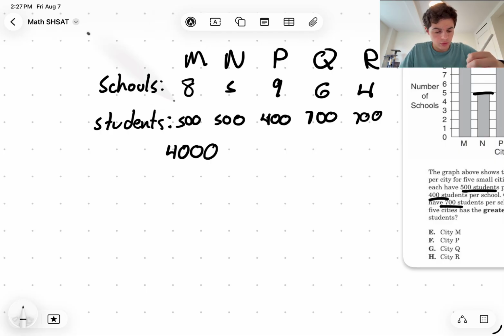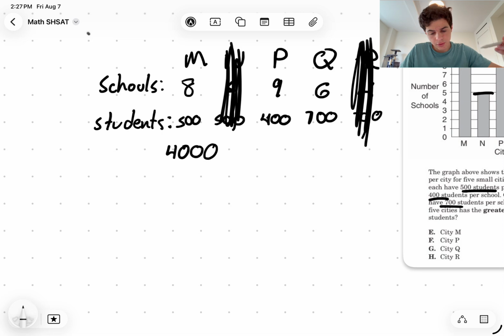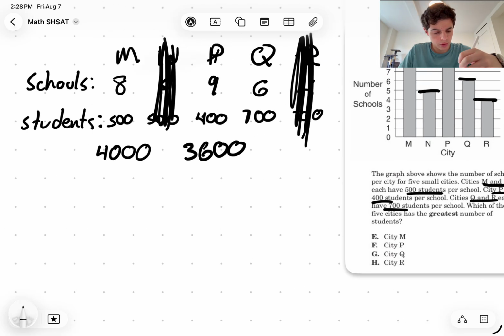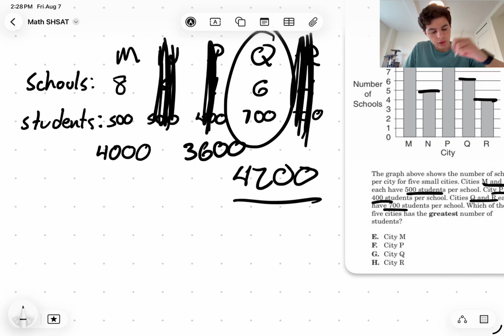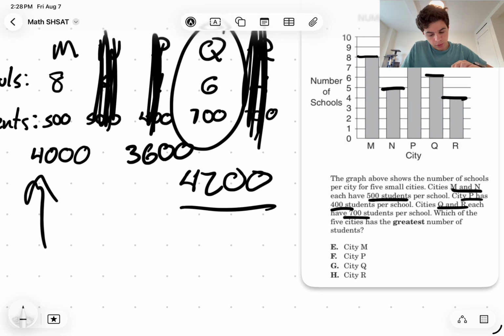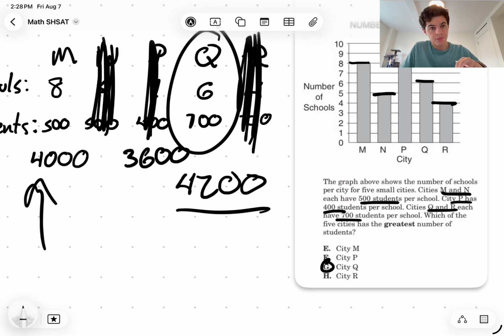N is going to be less, same students per school but fewer schools, so we can immediately cross out N. We can also cross out R for the same reason, because of Q. Then 9 times 400: 9 times 4 is 36, plus 2 zeros, so 3,600. So it can't be P. And now Q: 6 times 700 is 4,200, which means that Q has the most students, slightly more than M, and that is why city Q is the right answer.